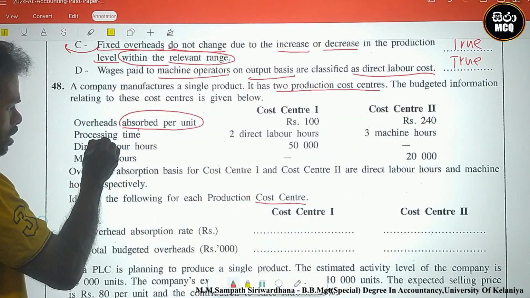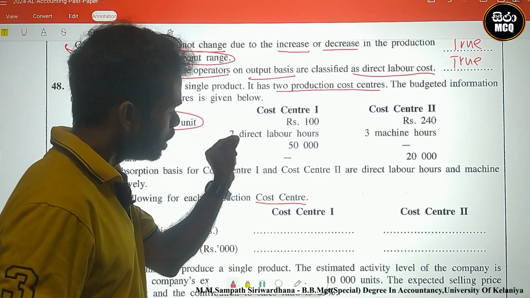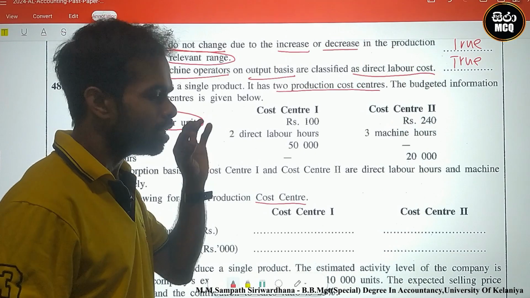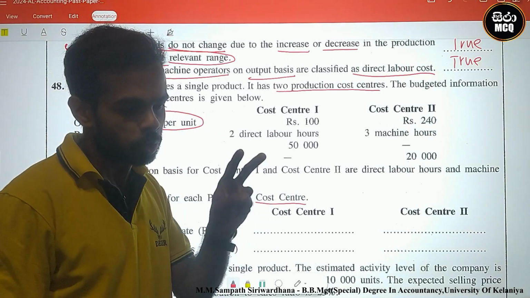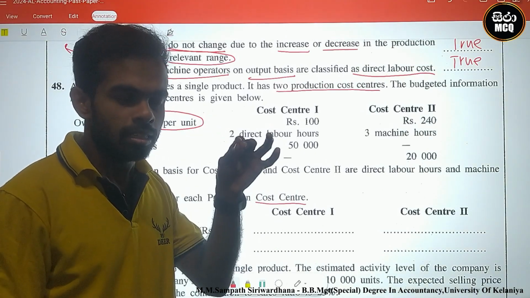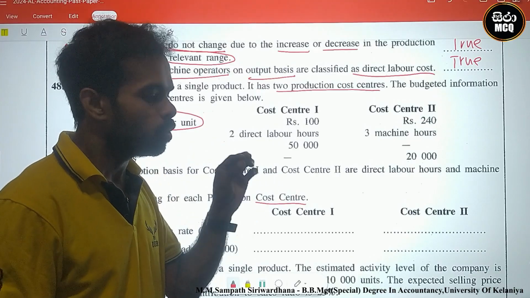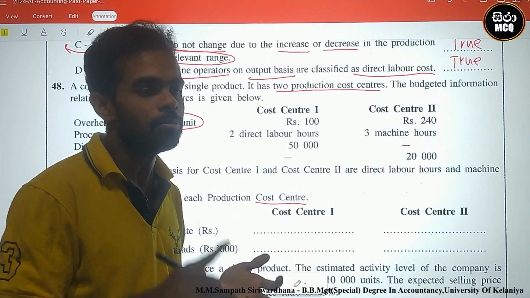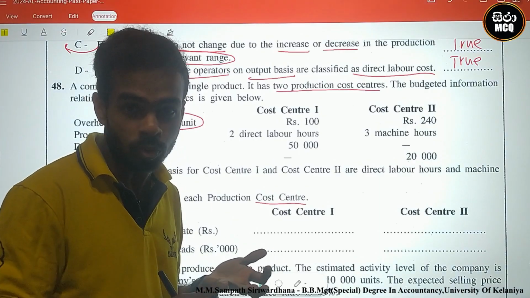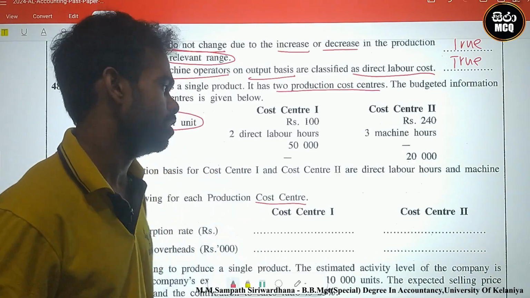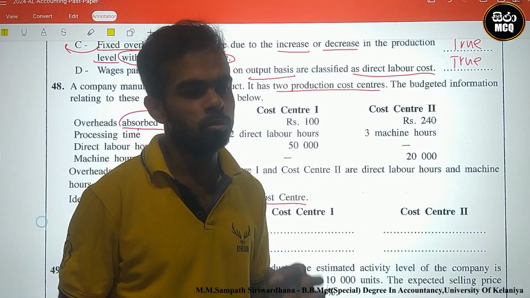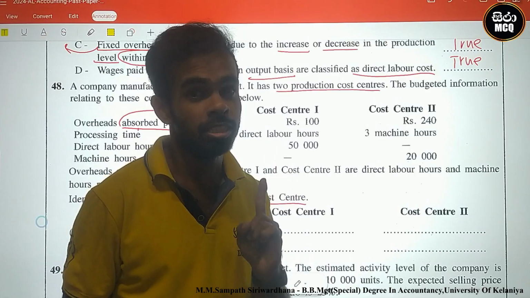Next, processing time: 2 direct labor hours and 3 machine hours. 2 direct labor hours means there are 2 labor hours consumed to produce 1 unit, and 3 machine hours consumed to produce 1 unit.